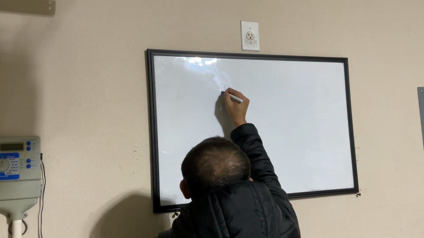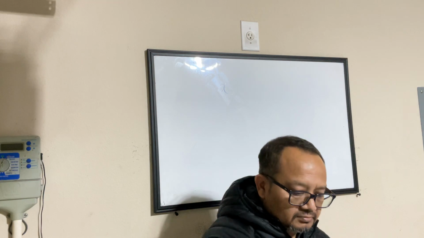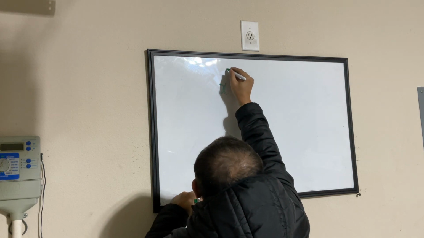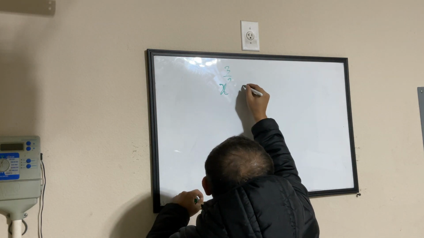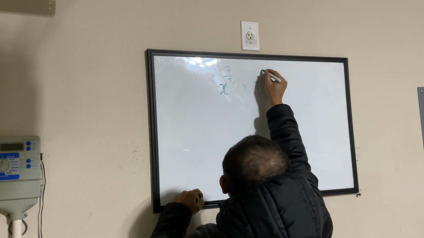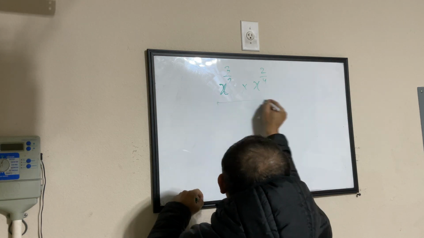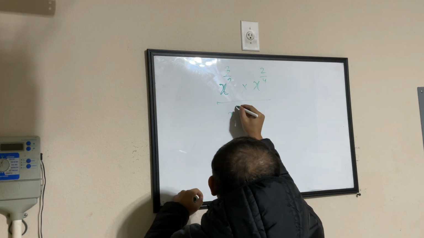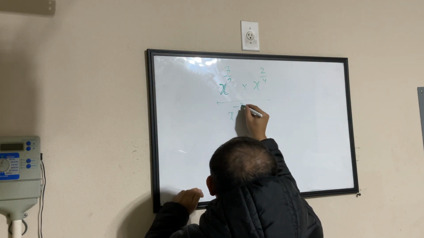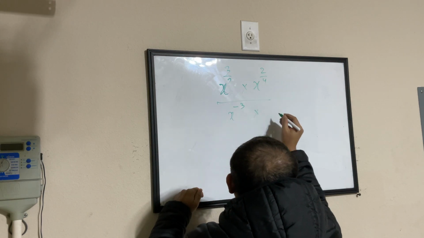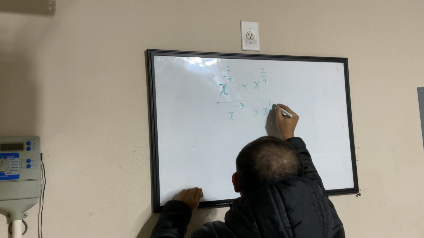So let's say you have to find x to the power 3 by 9 multiplied by x to the power 2 by 4 divided by x to the power minus 3 multiplied by x to the power 1 by 6.